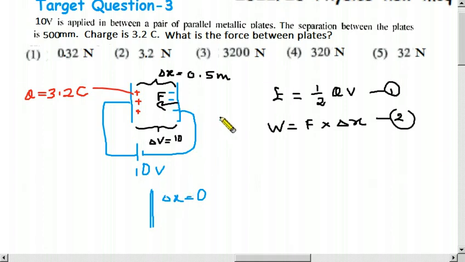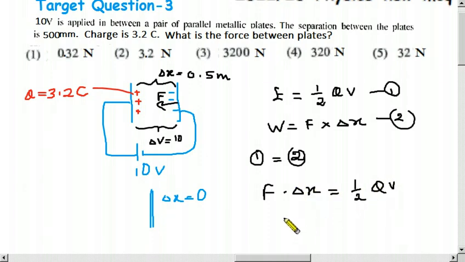The separation is 0. So what happens? The positive charges and negative charges combine together and neutralize. So we can equate the first equation with the second: F delta x equals half times QV. What we need is F, so let's isolate it, divided by delta x.